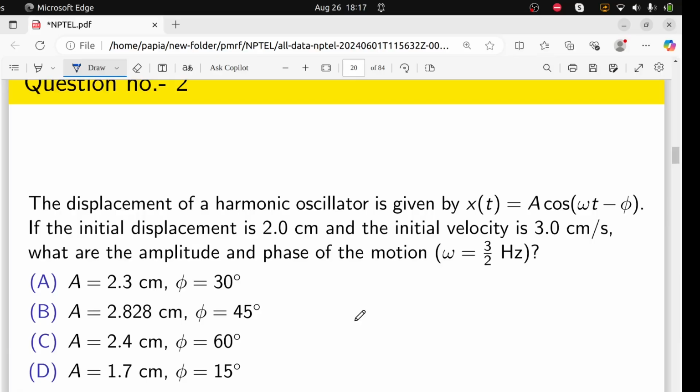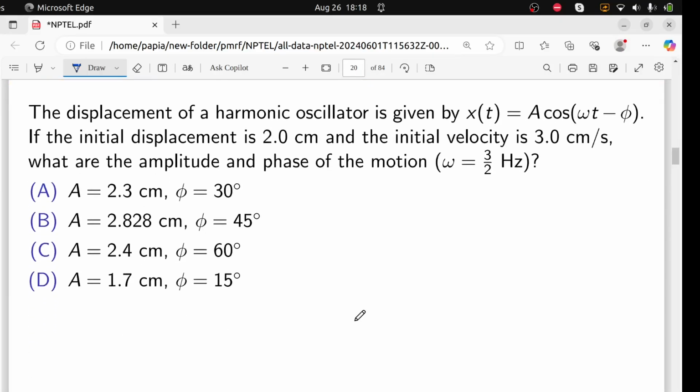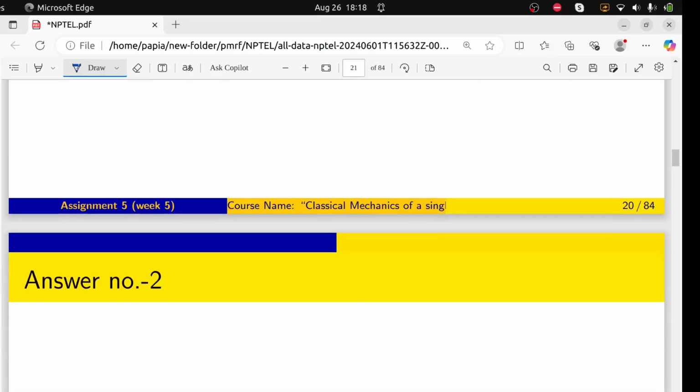If the initial displacement is 2 cm and the initial velocity is 3 cm per second, what are the amplitude and phase of the motion, and omega is given as 3/2 hertz. Okay, let me write here. Actually this should be radian per second or something. Okay, fine. The displacement of a harmonic oscillator is given by A cos(omega t minus phi).